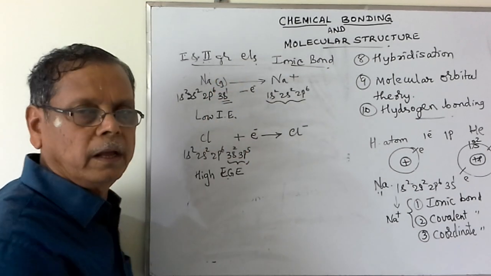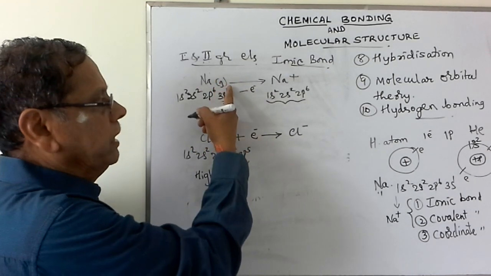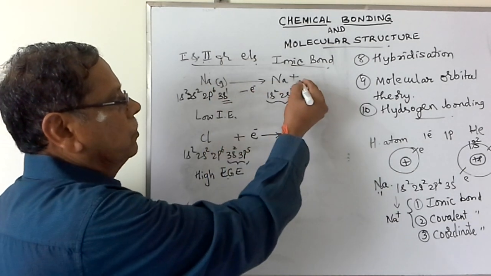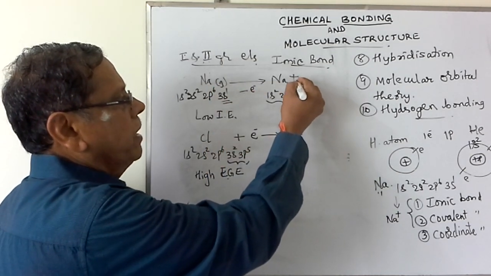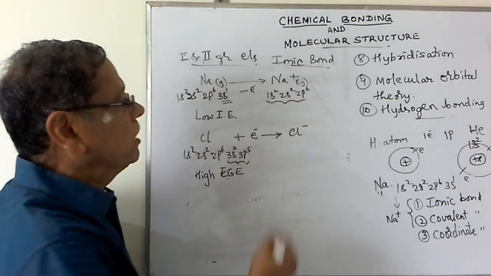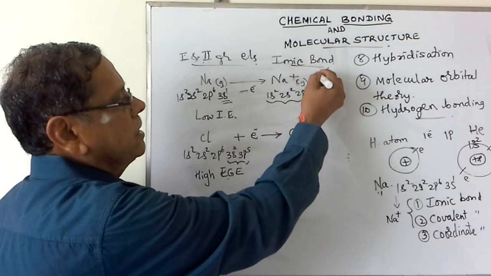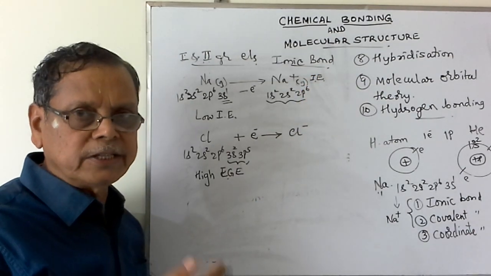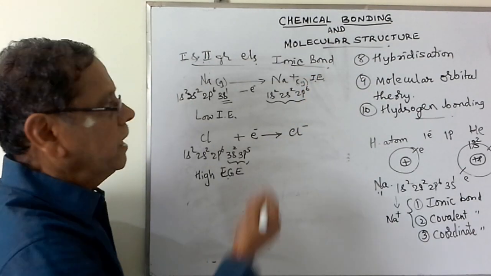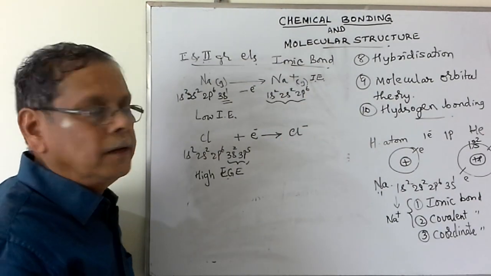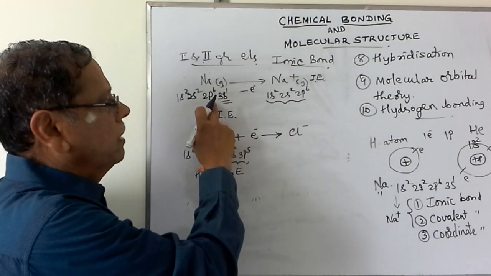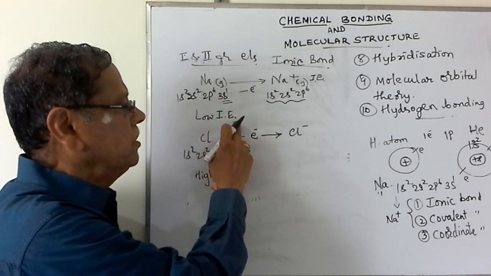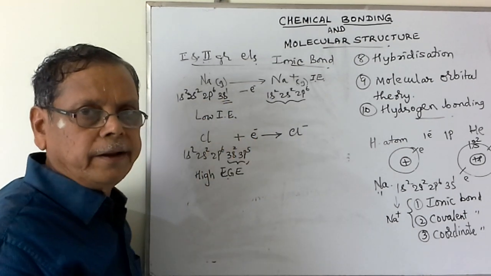To remove the electron from 1 mole of sodium atoms to give 1 mole of sodium ions in the gaseous state, whatever energy is required is called the ionization energy, ionization enthalpy or ionization potential. Since the sodium atom in the gaseous state easily loses the electron, very little ionization energy is required.